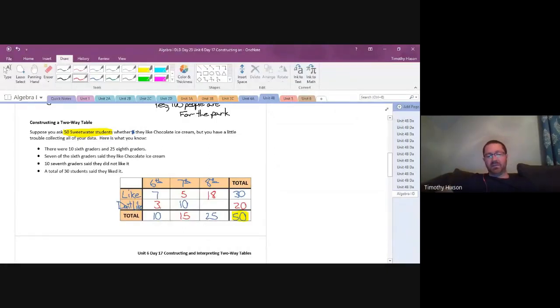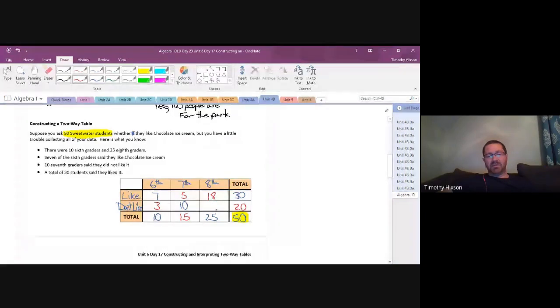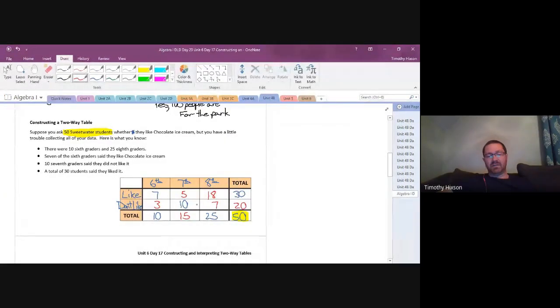I could do the same thing along this row here. 3 plus 10 is 13, and I'd have to add 7 more to get 20. So 3 plus 10 plus 7 equals 20.